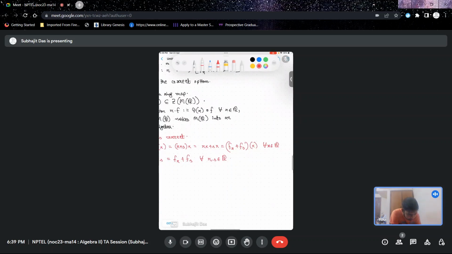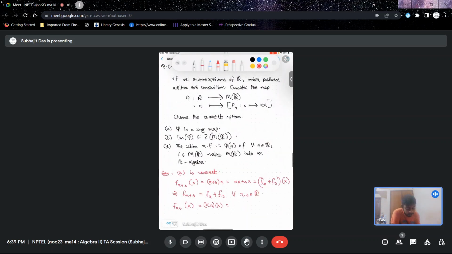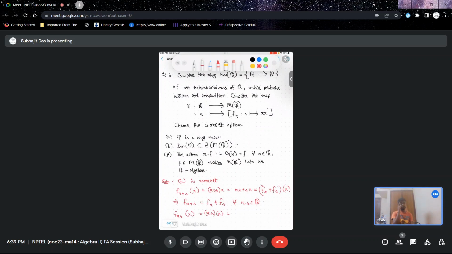And f_{rs}(x) is rs times x. I should be clear: the operations on End(R) are not pointwise addition and pointwise multiplication. I should be precise. The addition operation is pointwise, but the multiplication operation is given by composition.